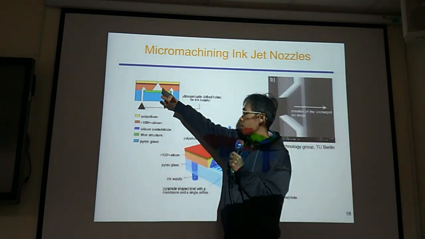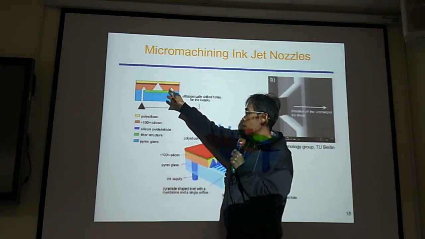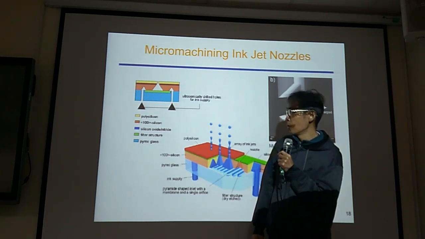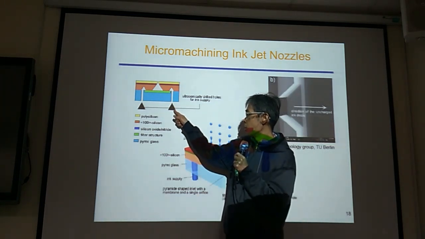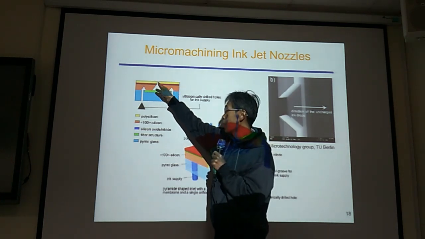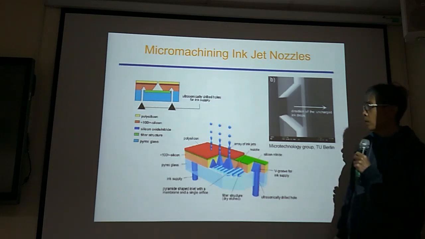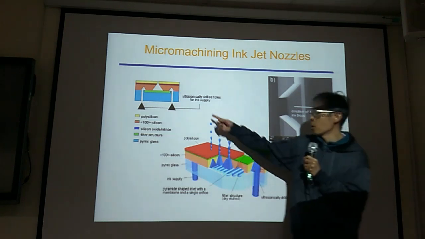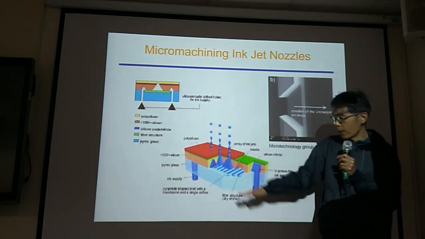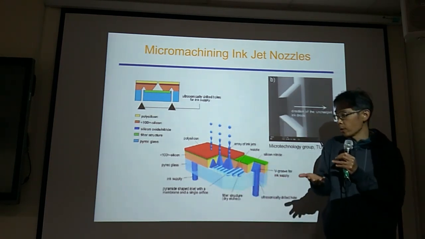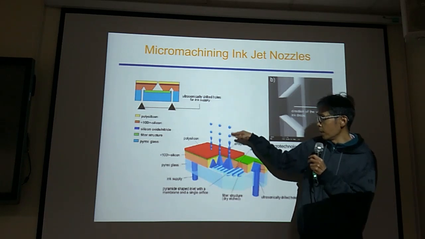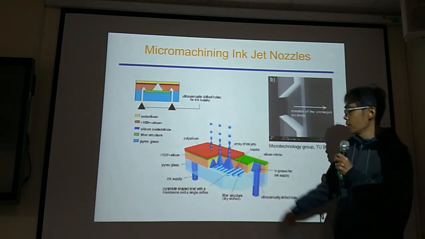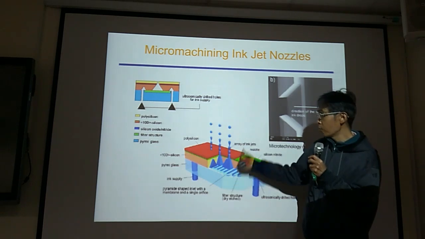We use microfabrication to create the V cavity or this cavity, using the anisotropic etching process, and we push the ink in and out from this nozzle. If the actuator is ultrasonic, like 20 kHz vibration, then we can have high frequency ink coming out from this inkjet printer. See, this is an inkjet printer.